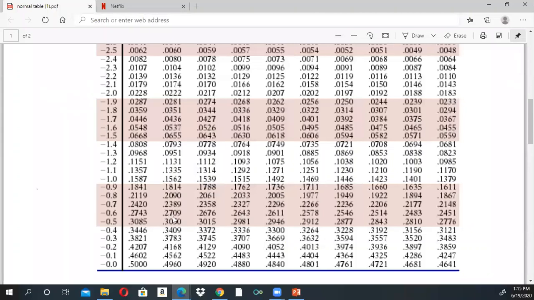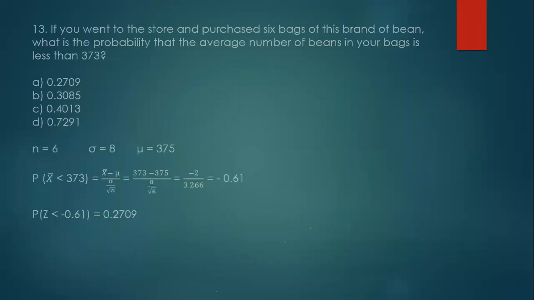So this is our value. So the answer is the probability that Z is less than negative 0.61 is equal to 0.2709. Therefore, the answer would be A.